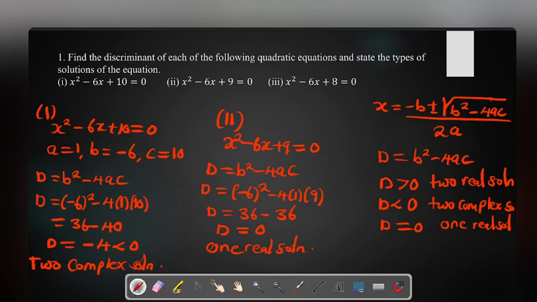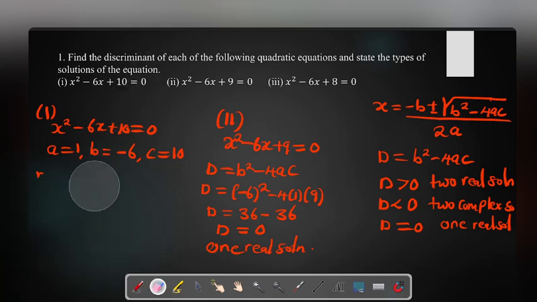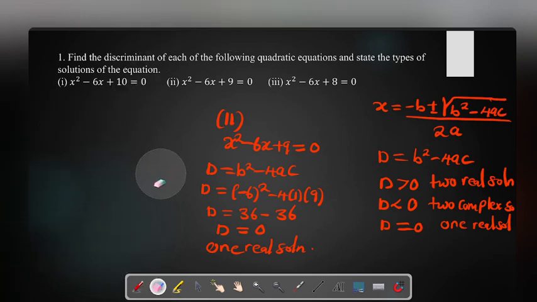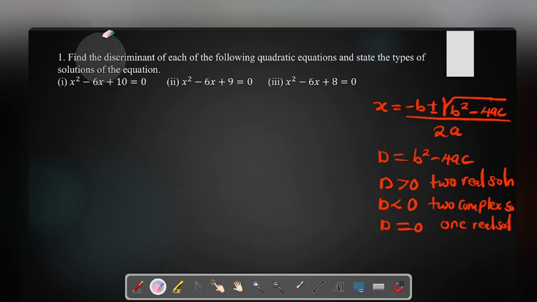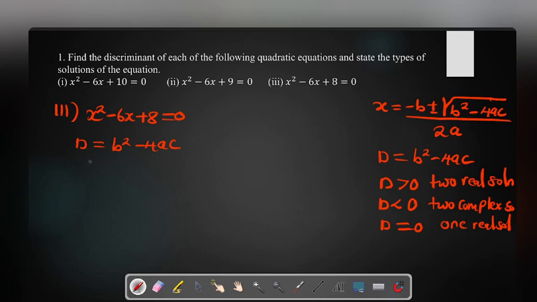Moving to part 3, we have x squared minus 6x plus 8 equals 0. The discriminant is b squared minus 4ac, so we get negative 6 squared minus 4 times 1 times 8, which is 36 minus 32.